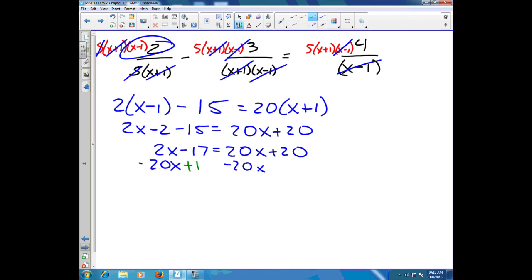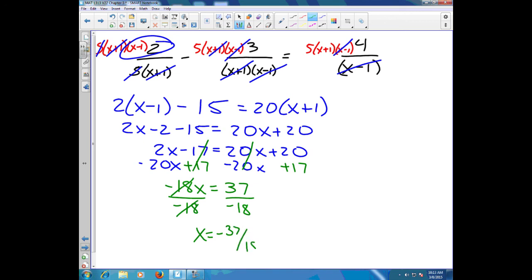Add 17 to both sides. We get negative 18x is equal to 37. And then divide by negative 18. And you get x is negative 37 over 18.